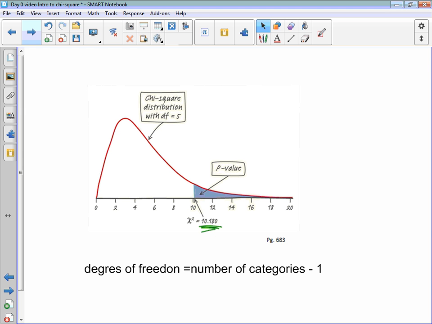Now the chi-square distribution is different than the distributions we've seen before. It's different because, if you'll notice, it is most assuredly right skewed. It is not symmetric. It is definitely not normal. And this is a chi-square with 5 degrees of freedom.